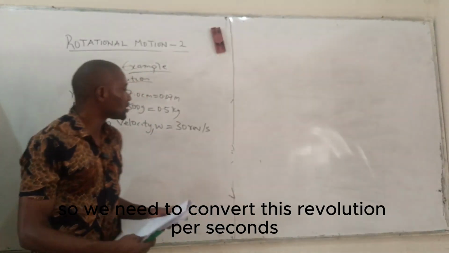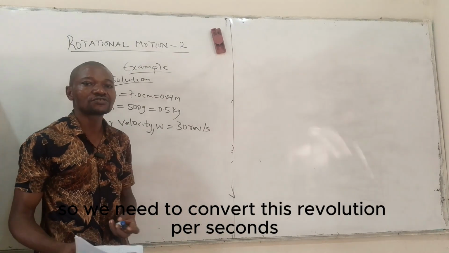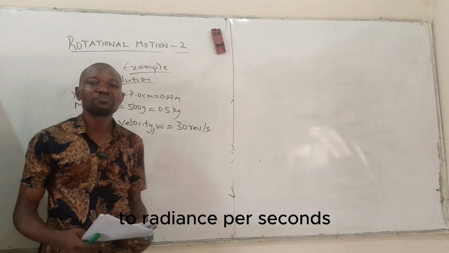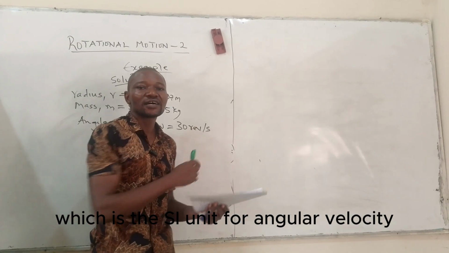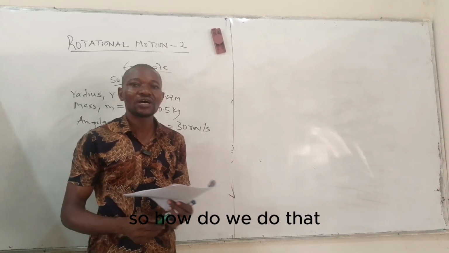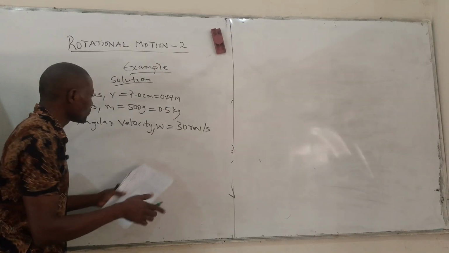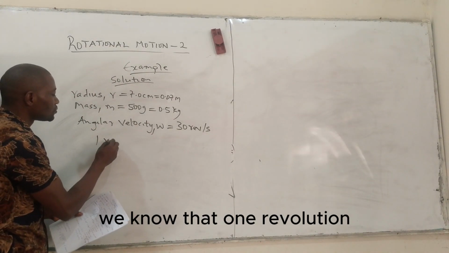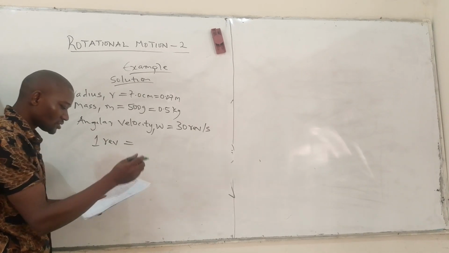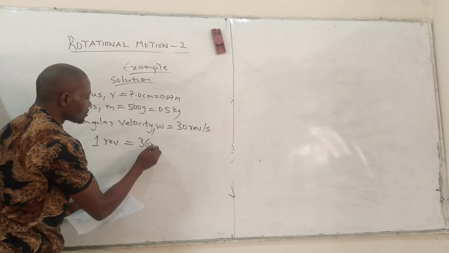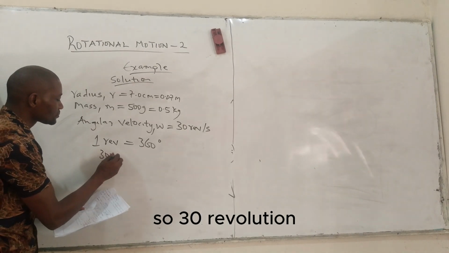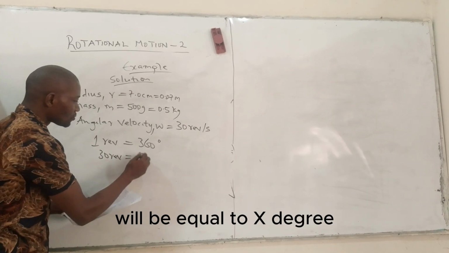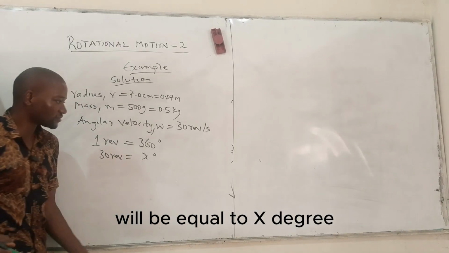So we need to convert this revolution per second to radians per second, which is the SI unit for angular velocity. So how do we do that? We know that one revolution is equal to 360 degrees. So 30 revolutions will be equal to x degrees.